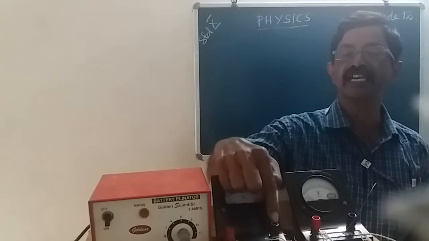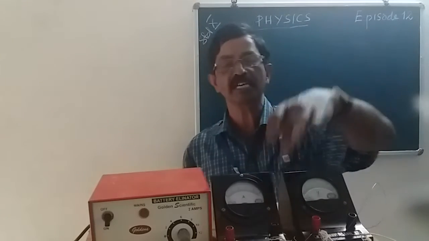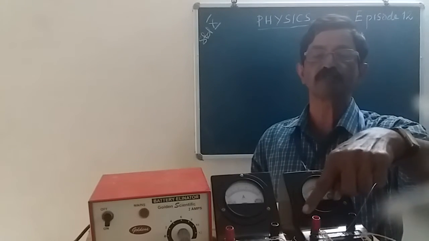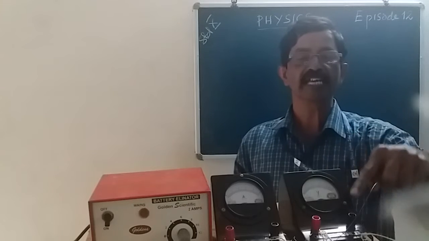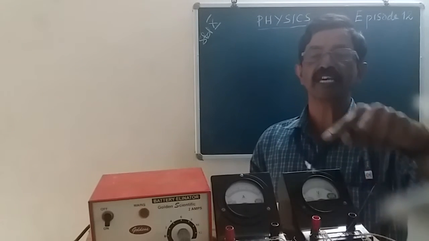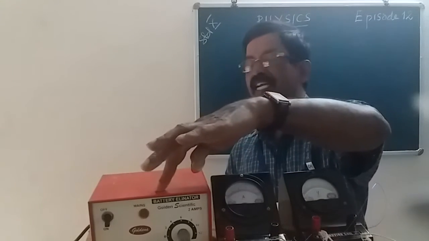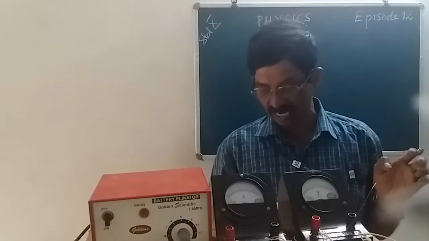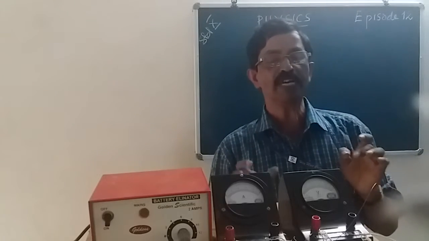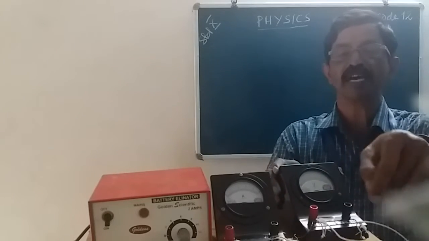From the negative of the ammeter, we connected to the positive of the voltmeter. Then from the negative of the voltmeter, we connected to a key, and from the key again to the negative of the battery. And we want to measure potential difference across this nichrome wire.